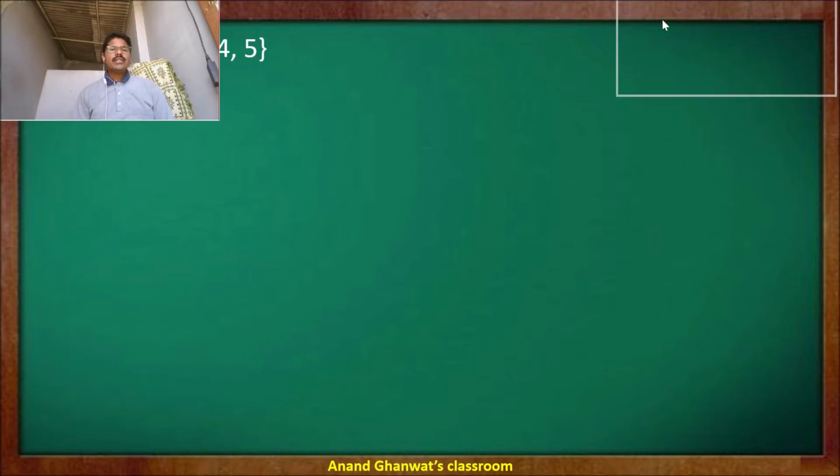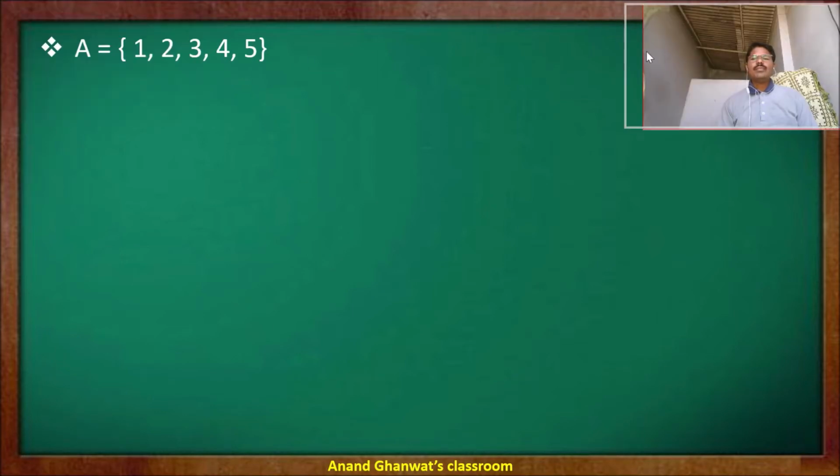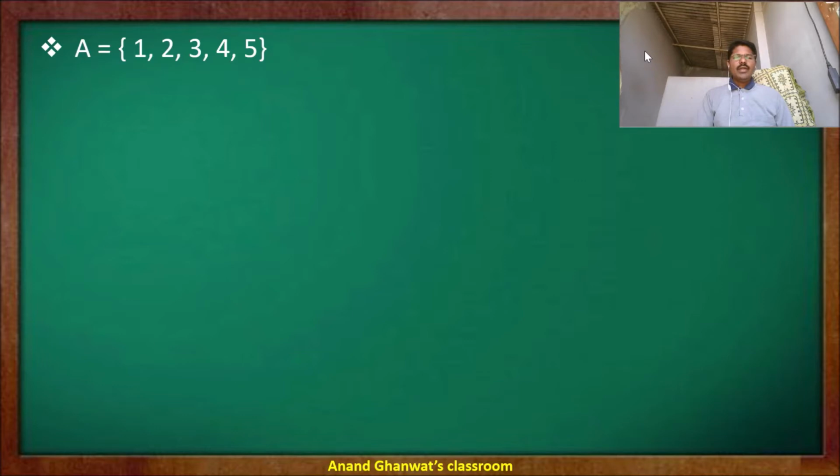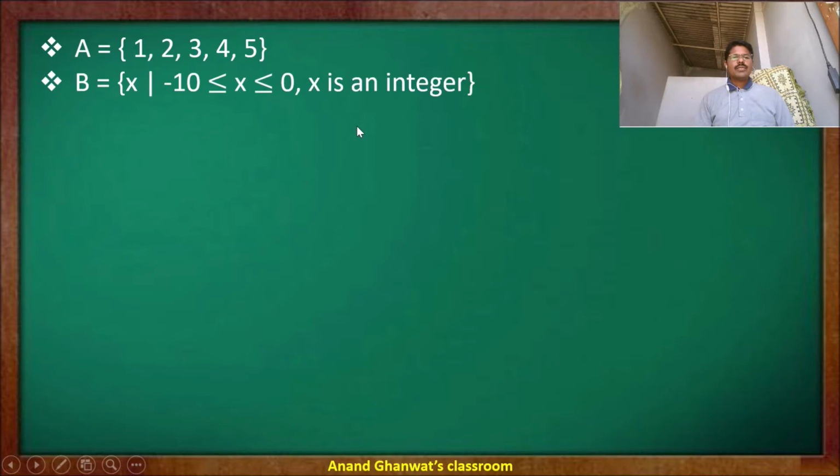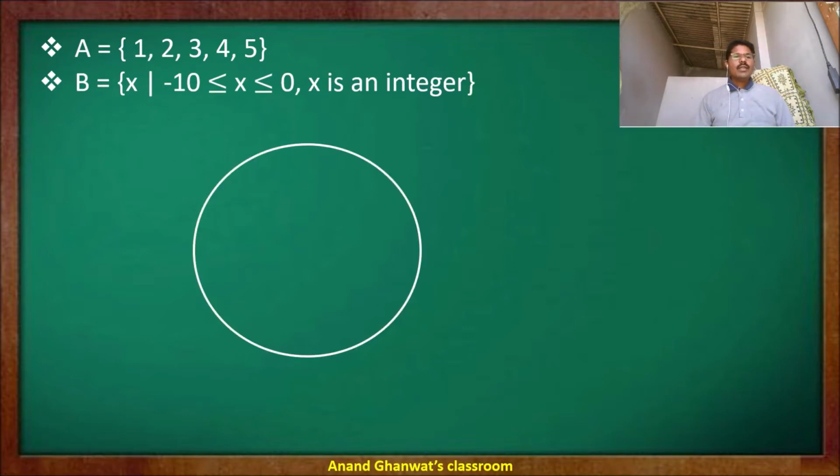Now let us understand an example of set A. We are going to show this set A using a Venn diagram. Set A is equal to 1, 2, 3, 4, 5.